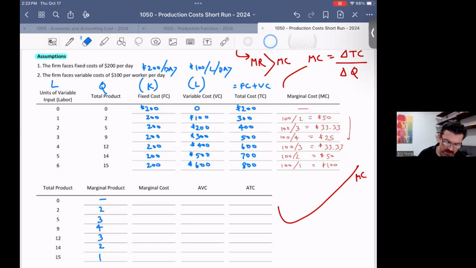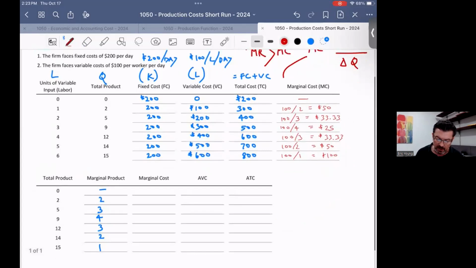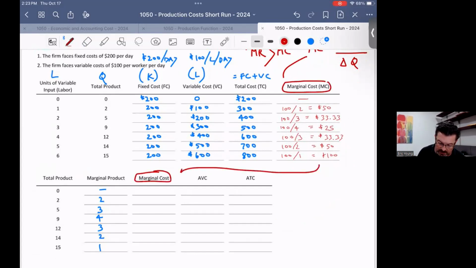Okay, let's move on. That's a really important curve. We've got a couple other ideas to go, and we'll be done. The next idea. Oh, first thing I want to do, I want to take my marginal cost numbers from here and I want to transfer them right here. Creating nothing new, we're just going to transfer those numbers over because we're going to do some comparisons.